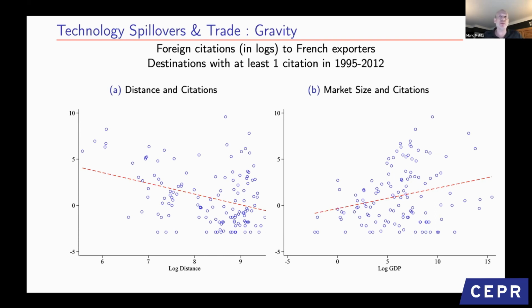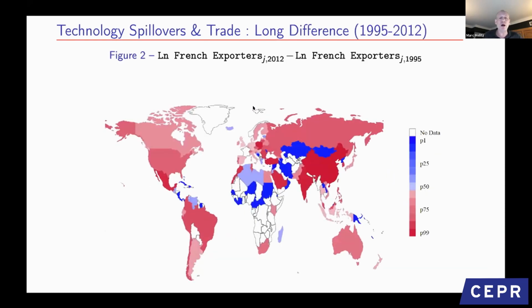And so the key is going to be trying to control for that and trying to come up with measuring a causal link. Let me give you one more picture of the data just based on the aggregate, but this time narrowing the focus a little bit more on what we're going to measure, which is specifically the extensive margin of trade, so the entry of French firms into an export market.